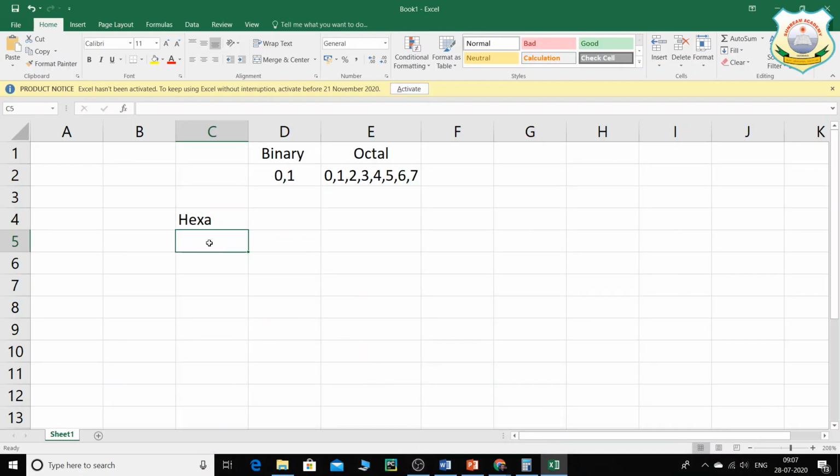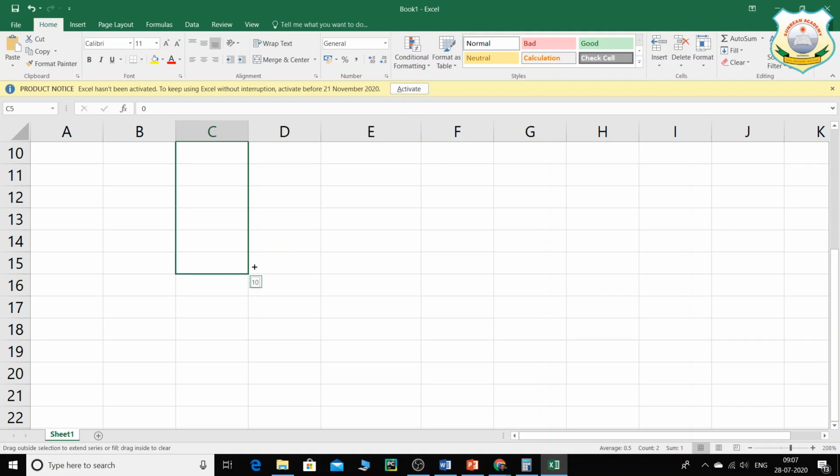In the hexadecimal number system, we have a total of 16 symbols. I'll write it over here: hexa, and the symbols we have are 16, and these are 0, 1, and it goes till 9.